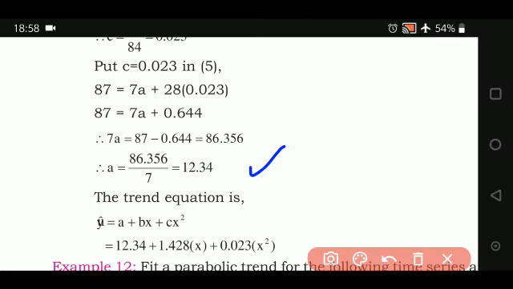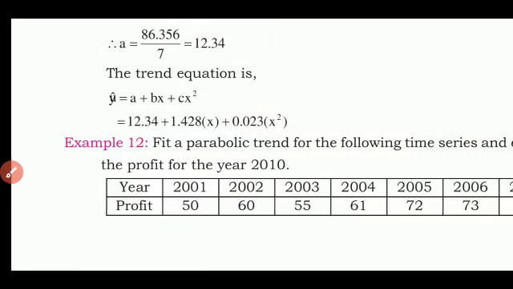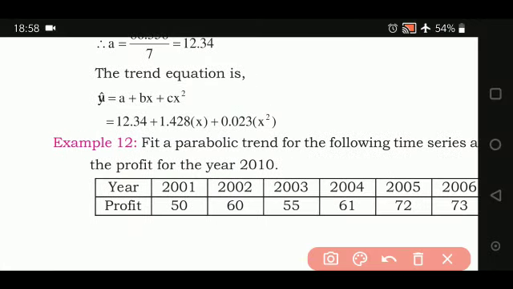Then the trend equation, you use it as y cap, that is y cap is equal to a plus bx plus cx square. So your main task is to substitute the value of a, the value of b, and the value of c, which has been done here and written also. So this is a parabolic equation. No doubt it's a time consuming example.